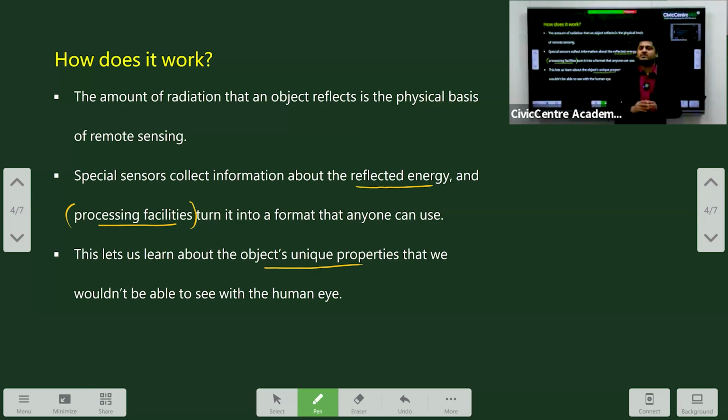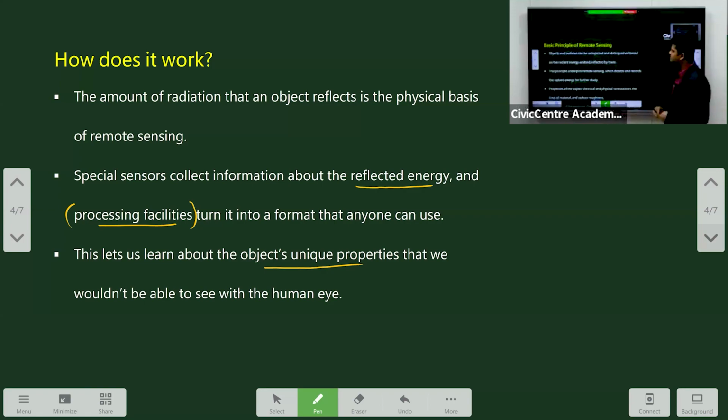But that is not the case with these remote sensing satellites. Through these satellites, we are going to see things from different ranges of wavelengths. That is the difference between our eyes and this. So in this context, we'll be able to find different kinds of information which won't be visible through normal light.